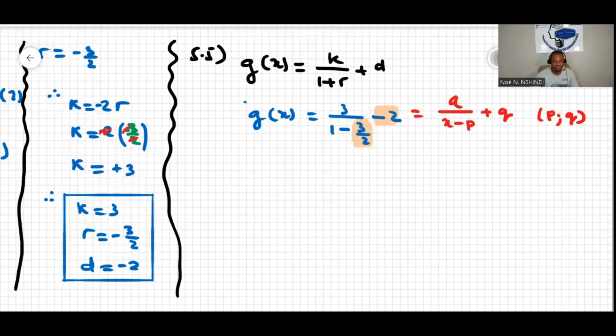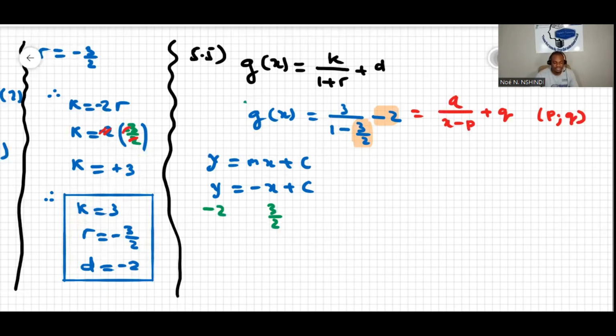Because we're looking for that straight line, y will be mx plus c. The gradient is negative, so it's going to be y equal to -x plus c. Then we sub in the values of y, which is -2, and x, which is 3/2.